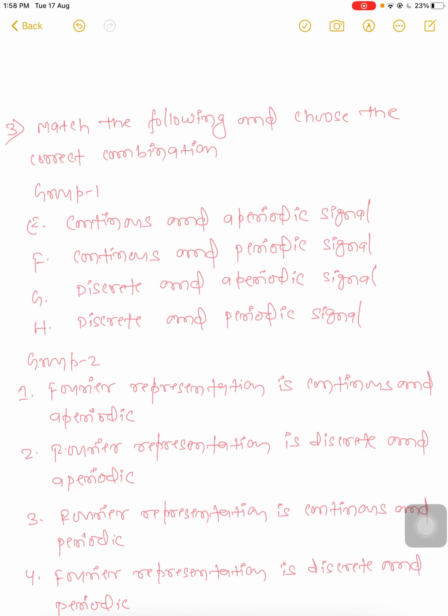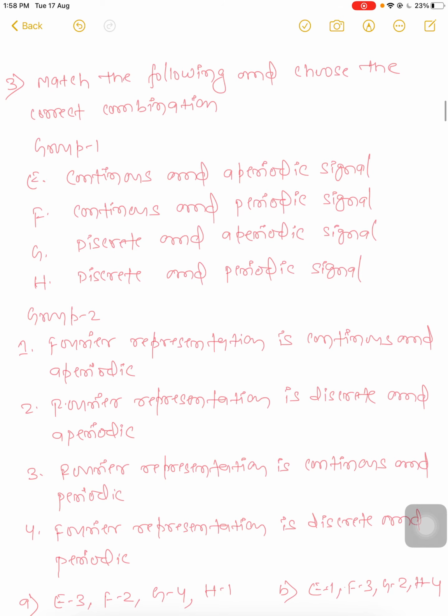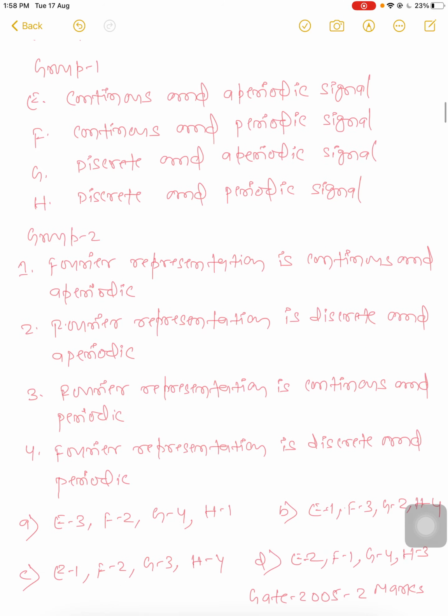Now comes the next question. Match the following and choose the correct combination. We have continuous and aperiodic signals, continuous and periodic signals, discrete and aperiodic signals, discrete and periodic signals. The Fourier representation of a continuous and aperiodic signal will be continuous and aperiodic. The Fourier representation of a discrete aperiodic signal will be continuous, but periodic. The Fourier representation of a continuous and periodic signal will be discrete and aperiodic.